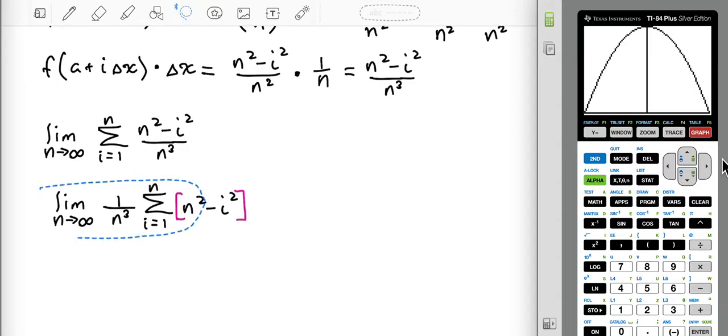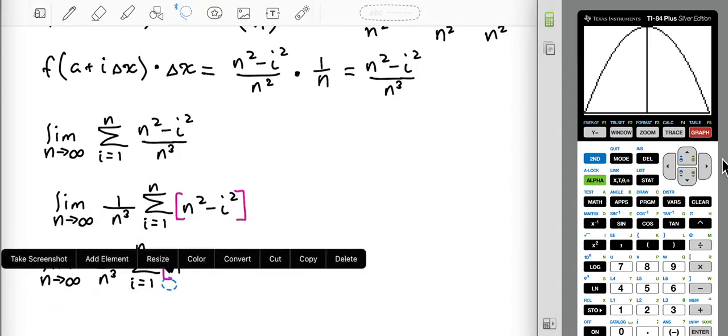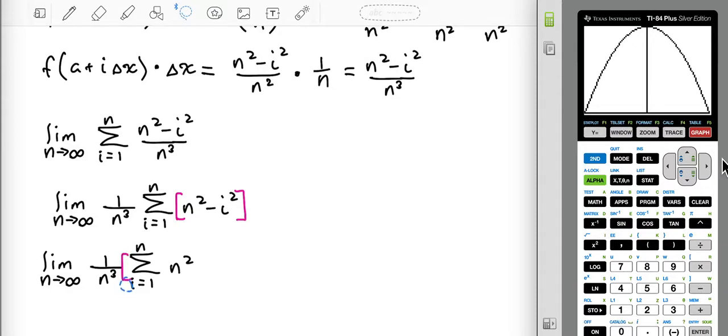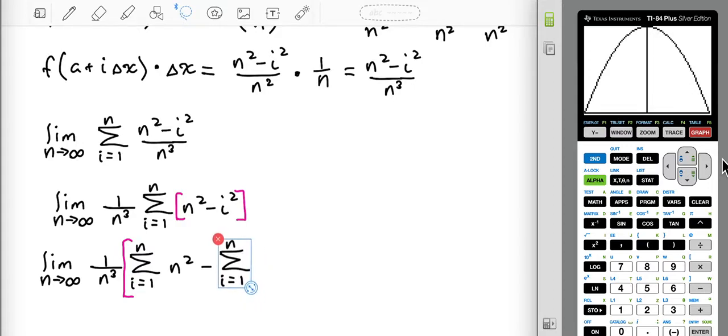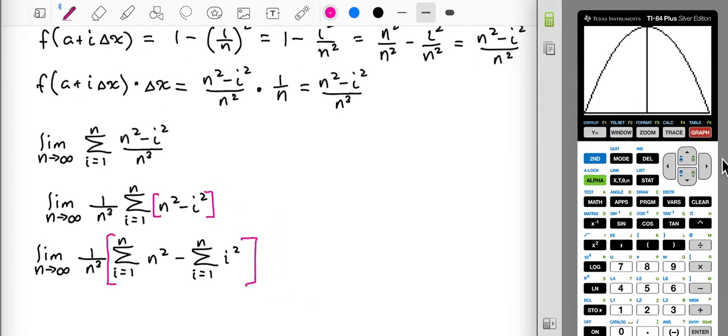So we're looking at really this, minus the sum of i squared. All right. So now, it's a little uglier, but very doable.